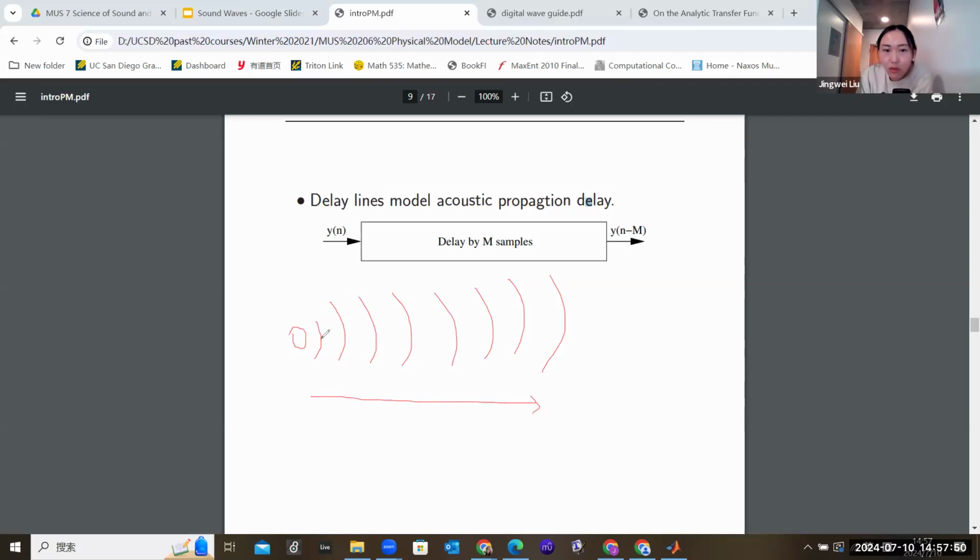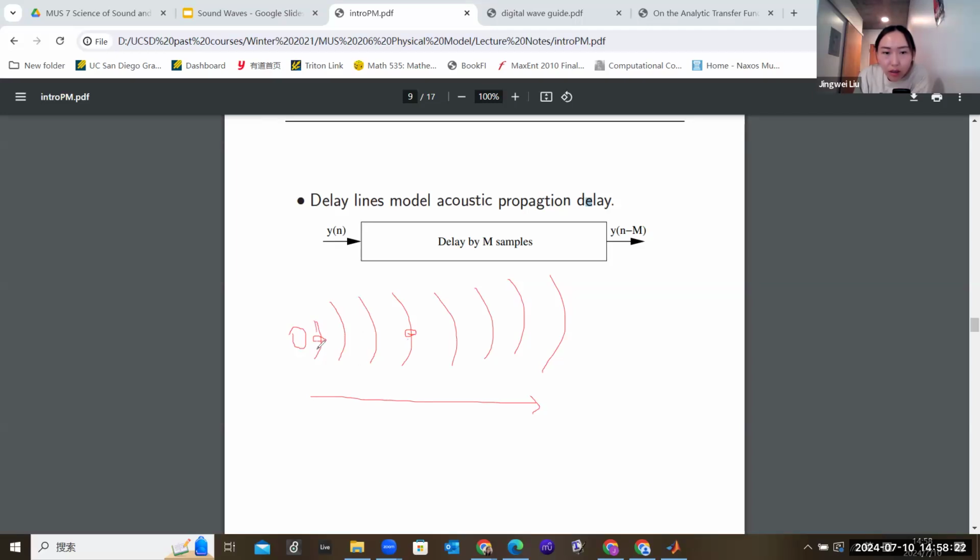But how to simulate the sound from here to here? We know the particle doesn't move, only the motion or the force will move. But let's say the transmission medium doesn't display any kind of damping or reduction of energy. But this is not really true. But let's just assume this ideal situation.